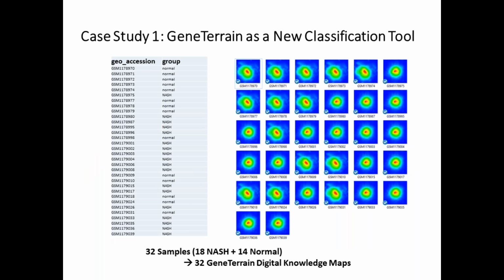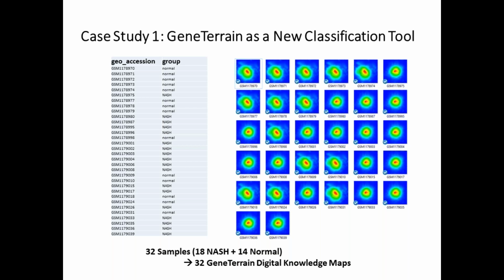And let me show you quickly 2 case studies. One is that you can really use these at a very, very high level, just using it as a picture, just like an X-ray or ultrasound. In this case, we did a study for a company, and they have non-alcoholic fatty liver samples and normal samples, 32 of them total.